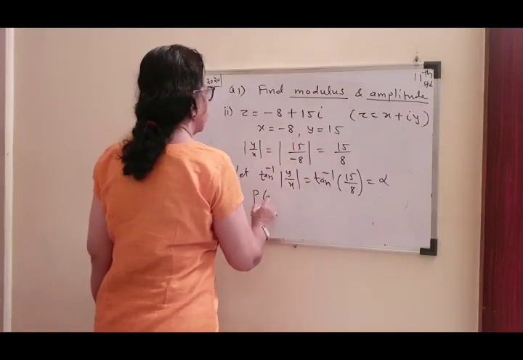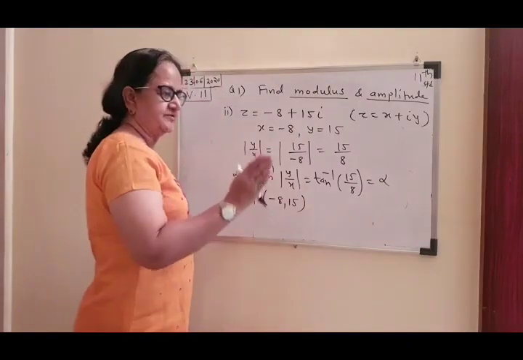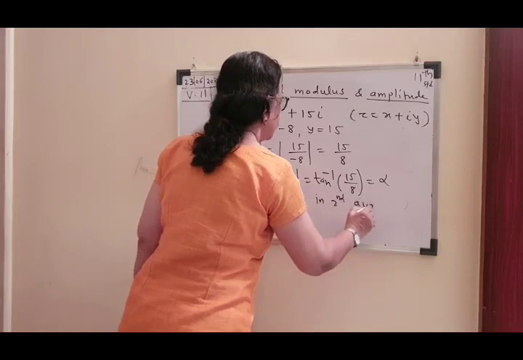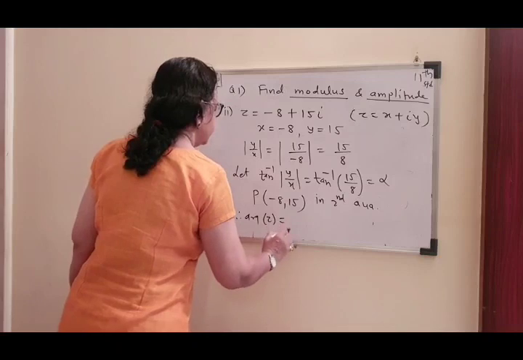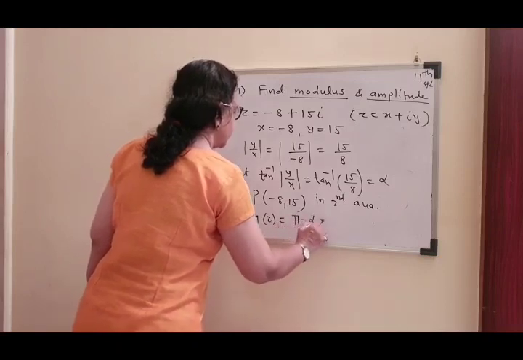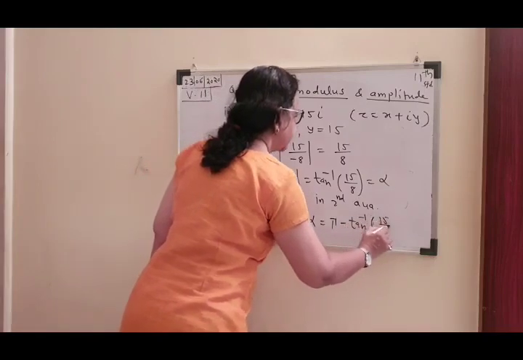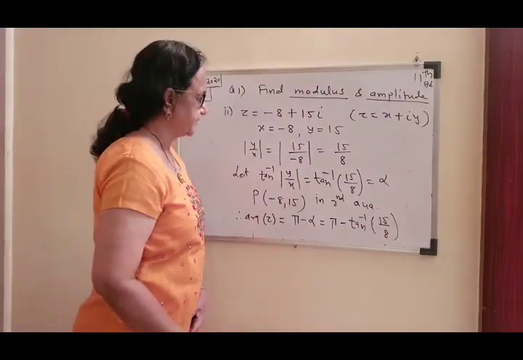So P is the point minus 8 comma 15. X is negative but y is positive. So it is in the second quadrant. And therefore argument of z will be given by pi minus alpha, which is pi minus tan inverse 15 upon 8.